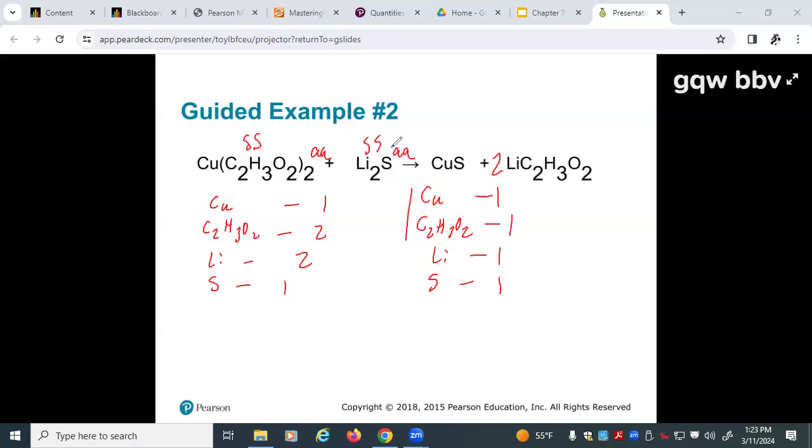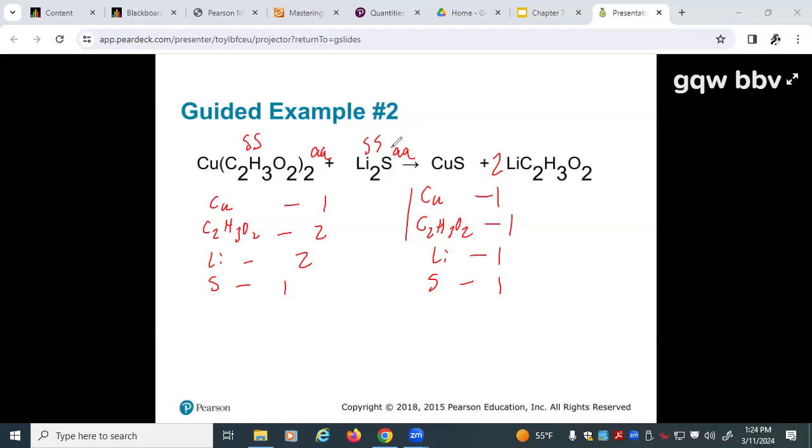Now, what else can I pull on if I didn't have that information? This is where my solubility rules would come in. I could look at the solubility rules and say, okay, lithium is in group 1. All group 1s are soluble. So I know that the lithium is soluble. And I can look at the acetate and come to the same conclusion. Acetates are always soluble. So the copper 2 acetate must be soluble also.